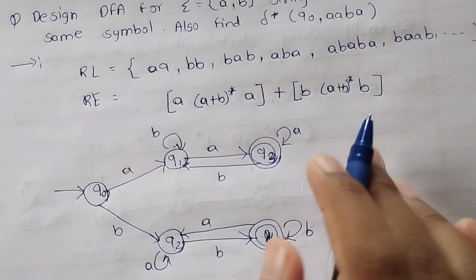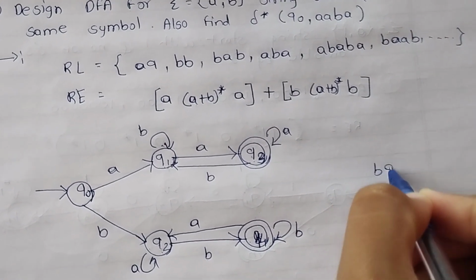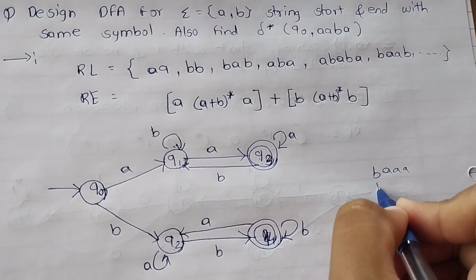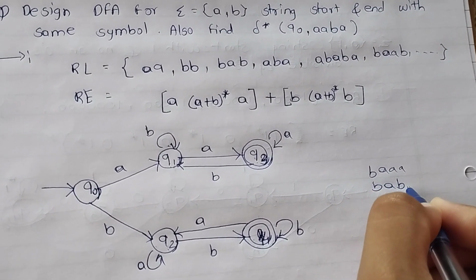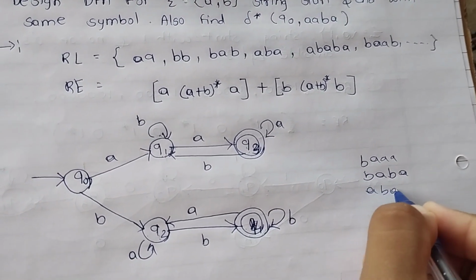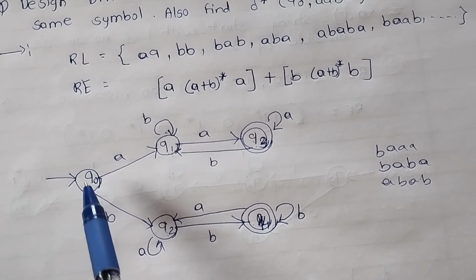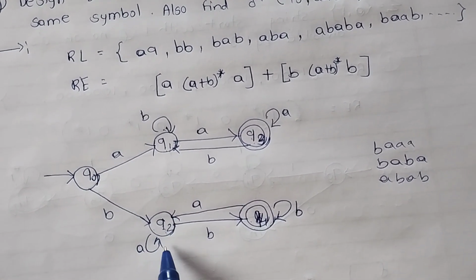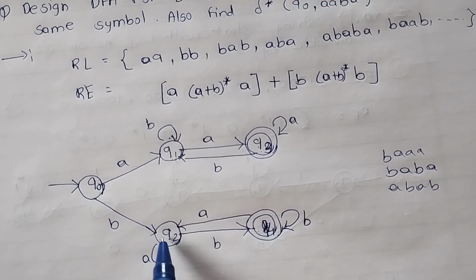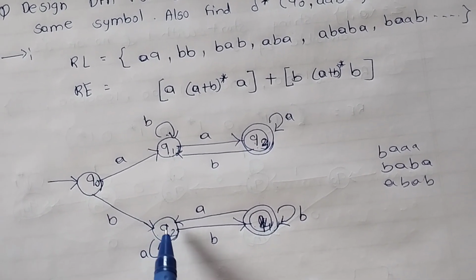Let's check unaccepted strings as well. So the possibilities are b a, then b a b a. Let's check. So this b a is not accepted. Then b a b a, again Q2 is not an accepted state.